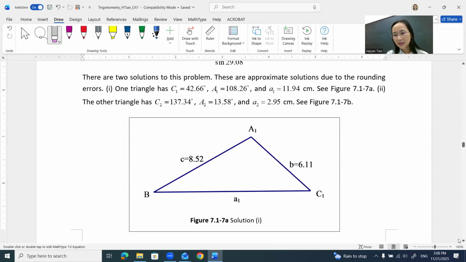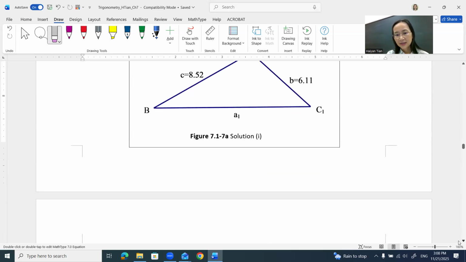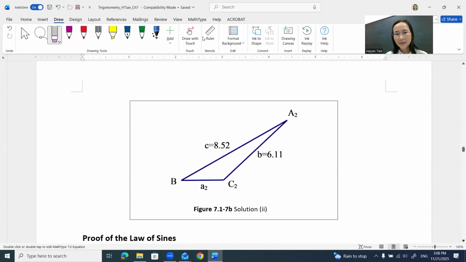The other solution with the given side angle, the way we found, it's also possible that the C to be obtuse, and then this A, that's a second triangle, so we label this C as C2 with a subscript. That's another solution. We call C2, A2.